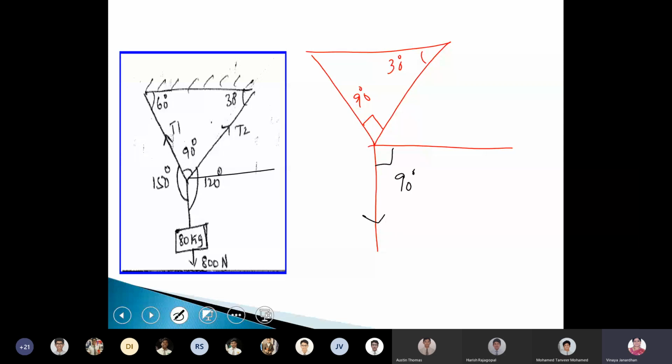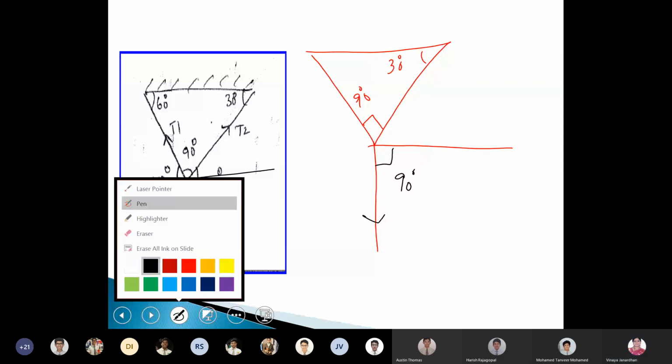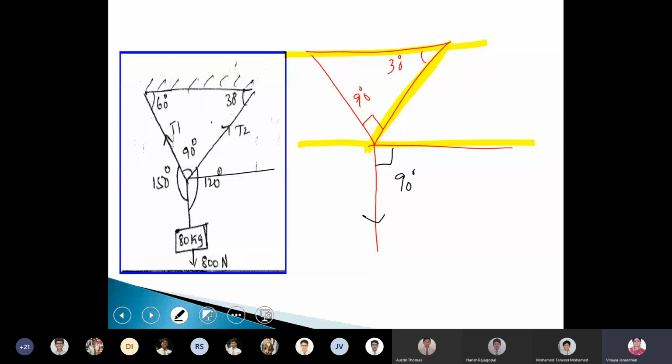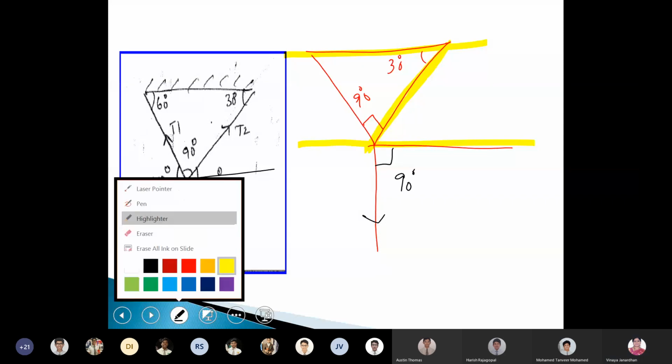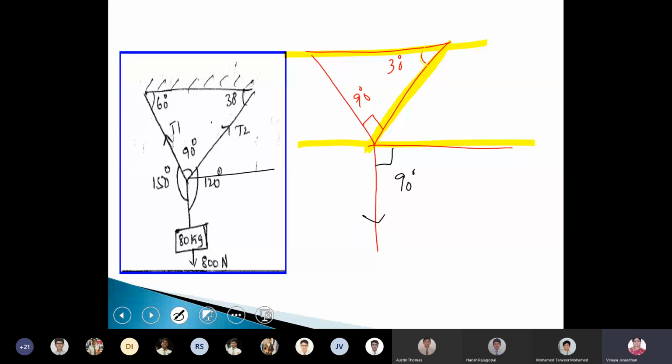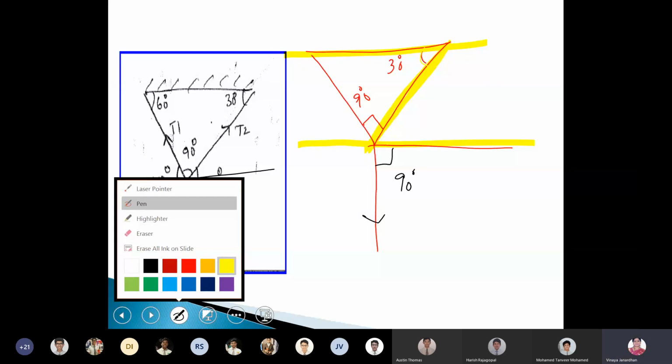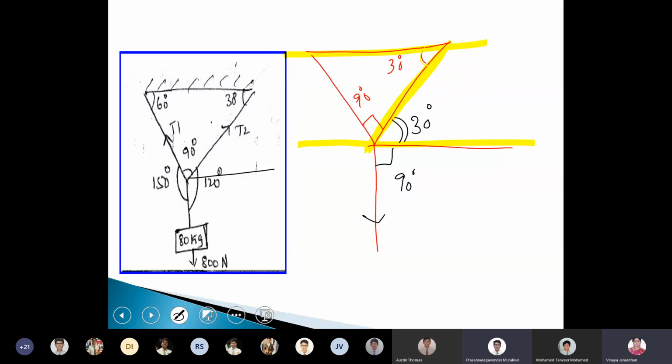Now, this is your transversal. If this is 30 degrees, then what about this? 30 degrees? Yes, ma'am. So 30 plus 90 comes to be 120.